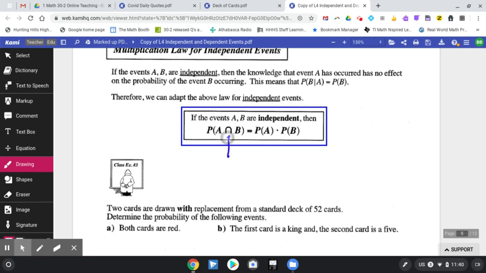Here we have the symbol for intersect, which is and, we are multiplying. So probability of A and B, we take the probability of A and we multiply by the probability of B. So pretty straightforward. And means multiply.